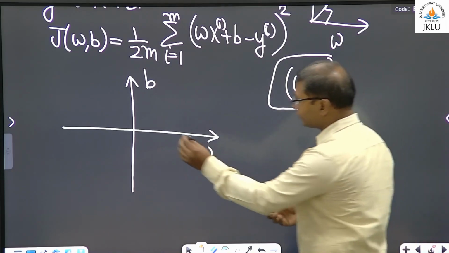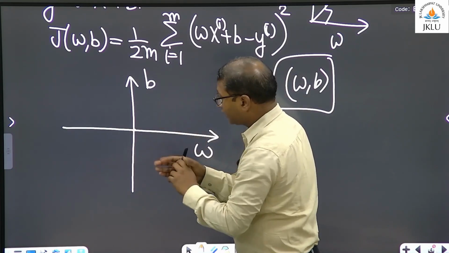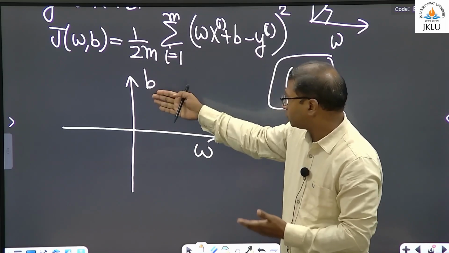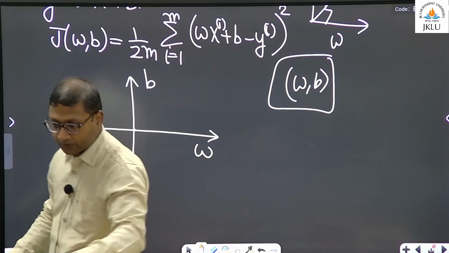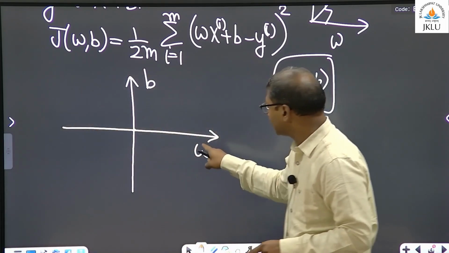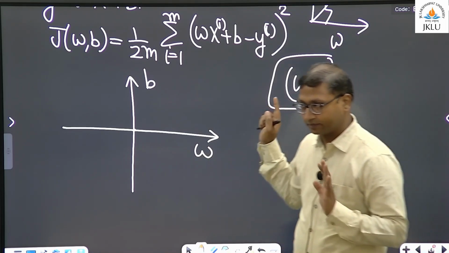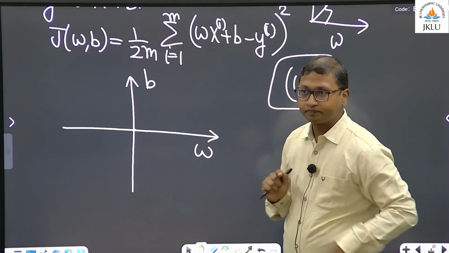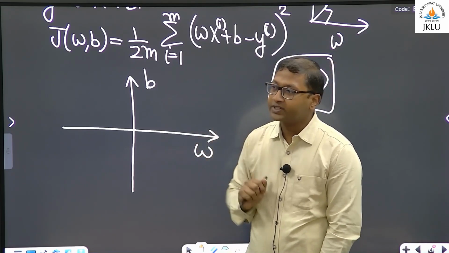My cost function will be basically this axis, perpendicular to both of them. So you can think of it as tilting this plane 90 degrees. Assume that this particular floor is my W and B plane. Now where does my cost function lie?